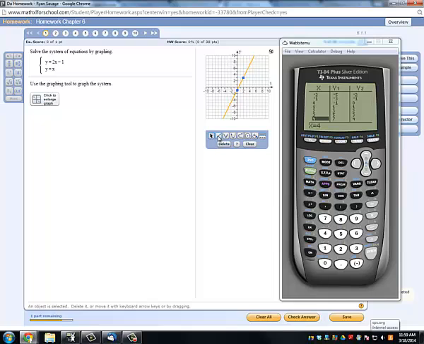So I grab a new line, and I can plot the point -2, -2. And then I can plot the point 0, 0.